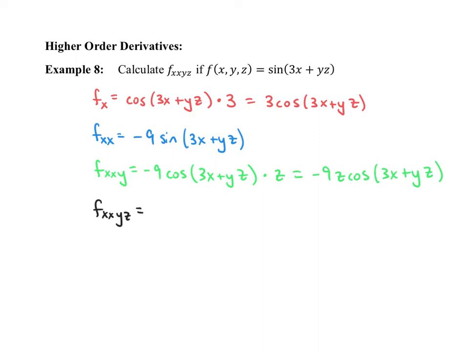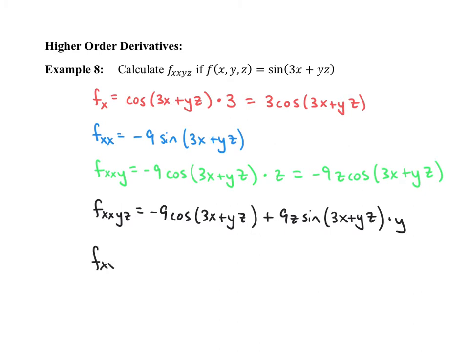And if you notice, we have a product rule now because we have negative 9z times cosine of 3x plus yz. So we'll take the derivative of negative 9z to get negative 9, and we'll keep the second function the same. And then we will keep negative 9z, but then we're going to take the derivative of cosine, so we'll get a positive 9z sine of 3x plus yz, and then we would multiply that by y, again because of the chain rule.